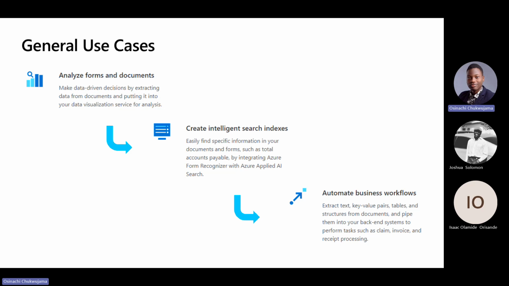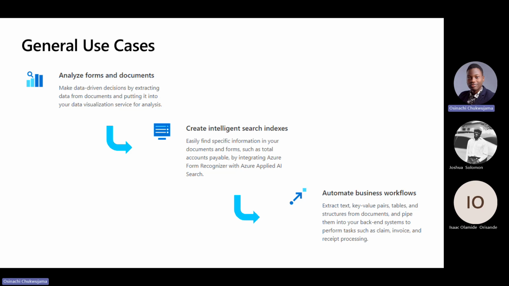After you fill out the form, a nurse or a clerical staff needs to take that same form and put it in a computer, right? So instead of doing all that, you can use artificial intelligence to reduce the time it takes to move the data from that form to a computer, right?